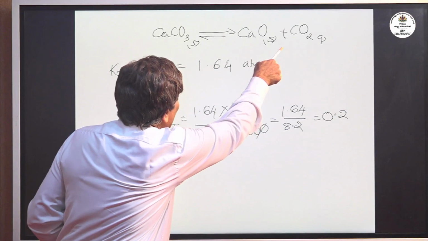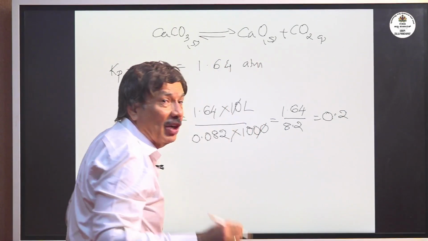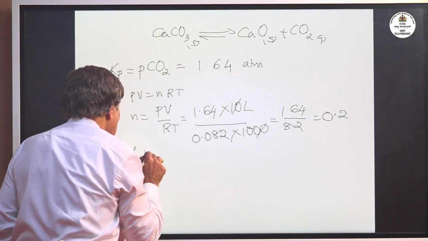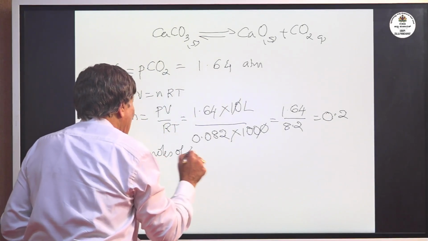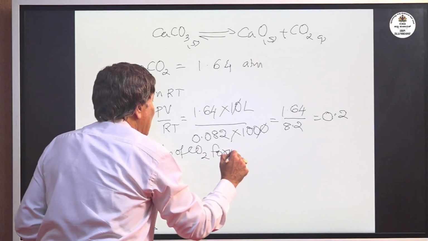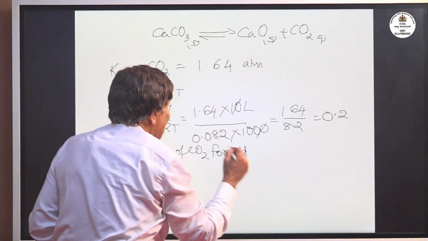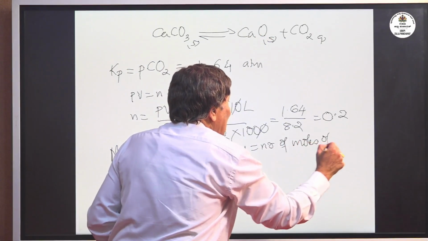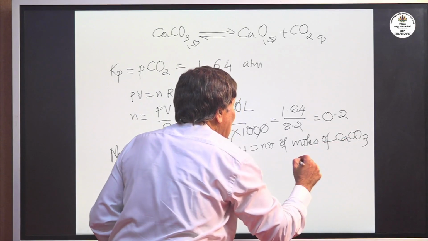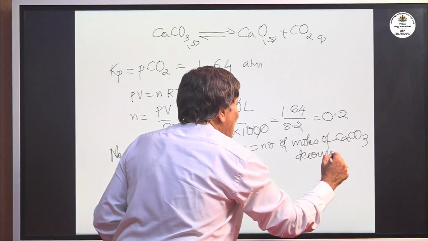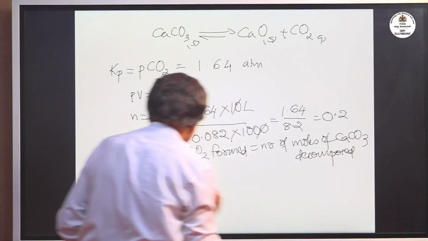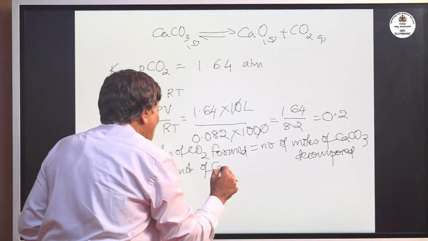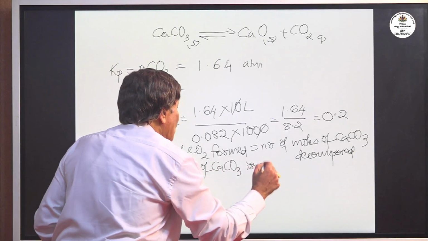Number of moles of carbon dioxide formed is equal to number of moles of calcium carbonate decomposed. 1 mole of CO2 corresponds to 1 mole of calcium carbonate decomposed. That means 0.2 mole of calcium carbonate is decomposed.